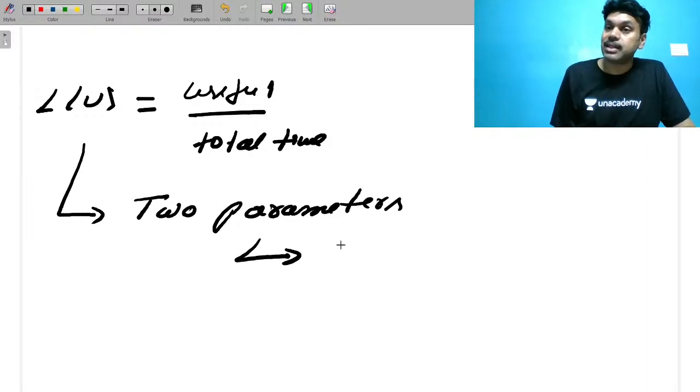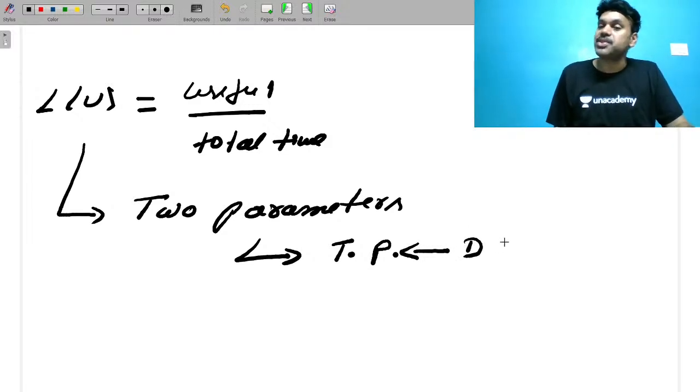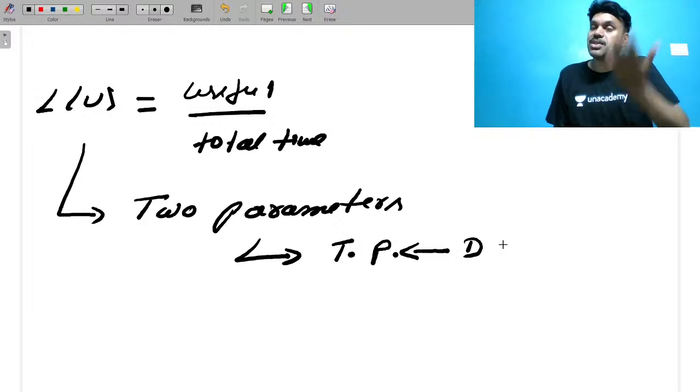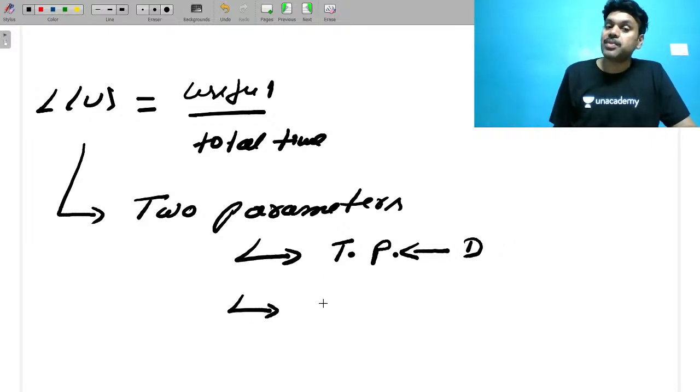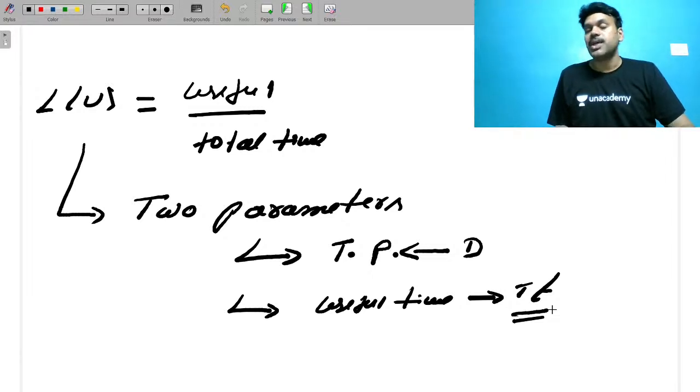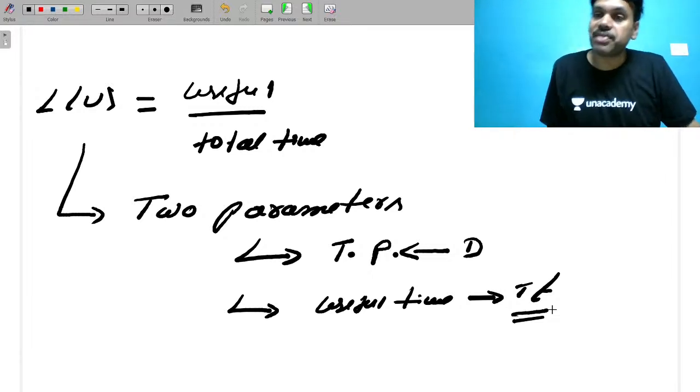One is propagation time. This propagation time depends on distance. If distance increases, TP increases. If distance decreases, TP decreases. And the other one is your useful time, which is nothing but TT. So that's it, friends. This is how link efficiency works.